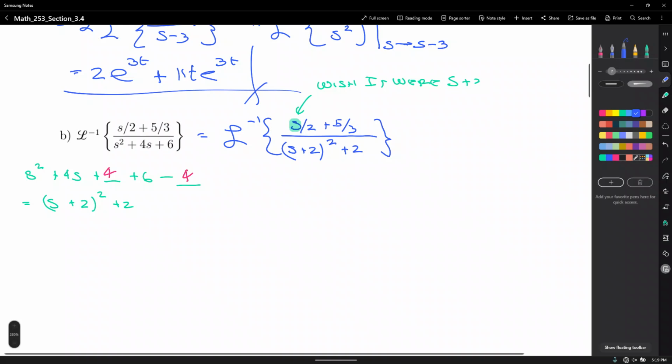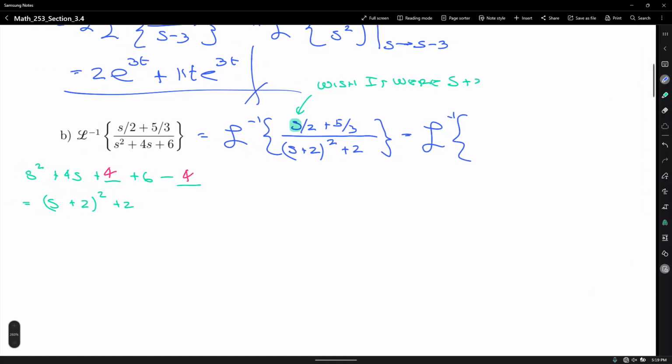All right, of course, again, we can make our wish come true: add and subtract the same quantity. So this will be equal to the inverse transform of the quantity, and let me put the 1/2 in the front this time, (s plus 2 minus 2) plus 5 thirds, all over (s plus 2) quantity squared plus 2.